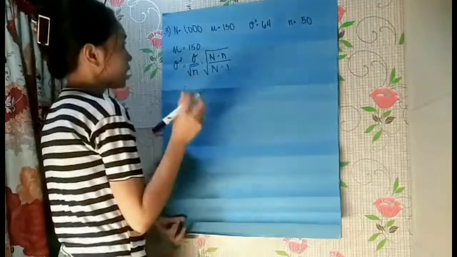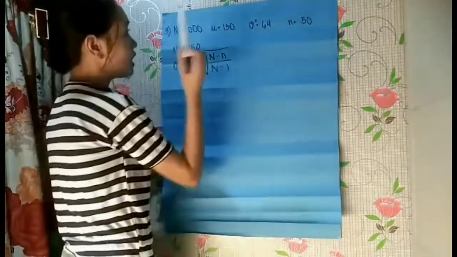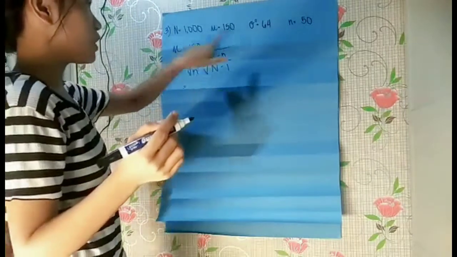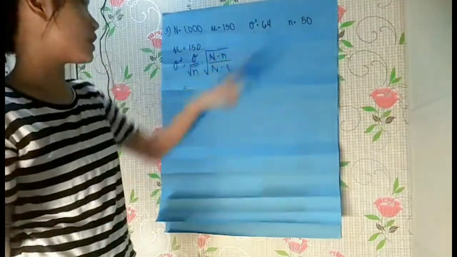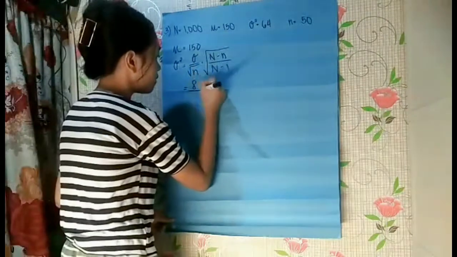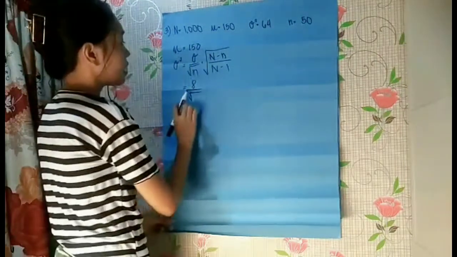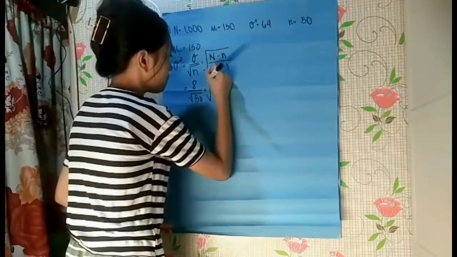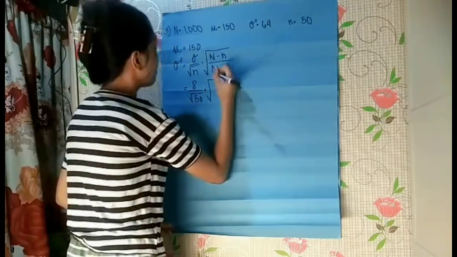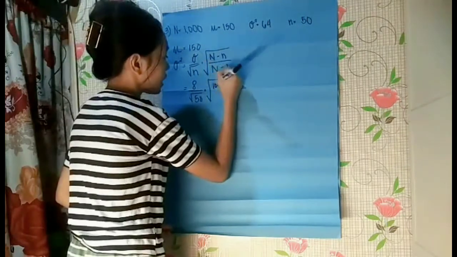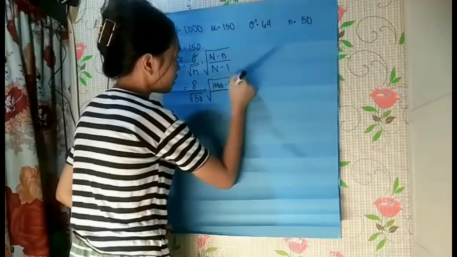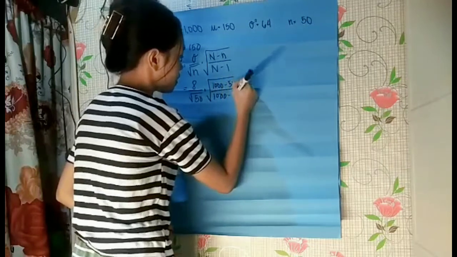So we just have to rewrite this one. Since the given here is the variance, we have to get its square root to find the standard deviation. We all know that the square root of 64 is 8. Therefore, 8 over the square root of our sample size, which is 50, multiplied by the square root of our population, which is 1,000, minus our sample size, which is 50, over 1,000 minus the constant number 1.